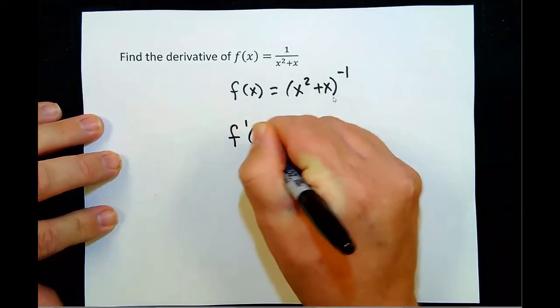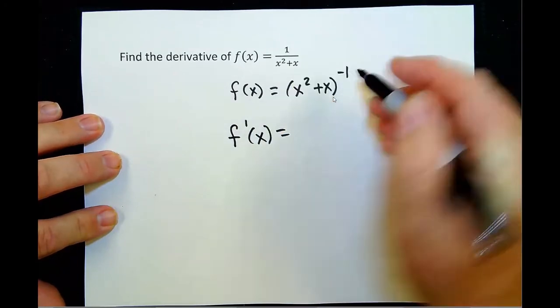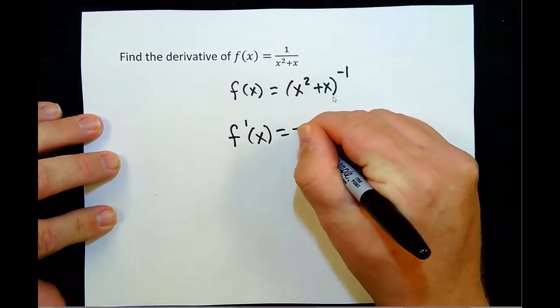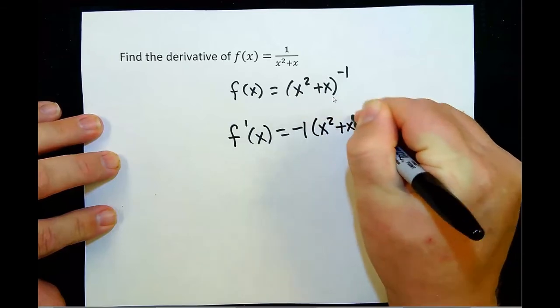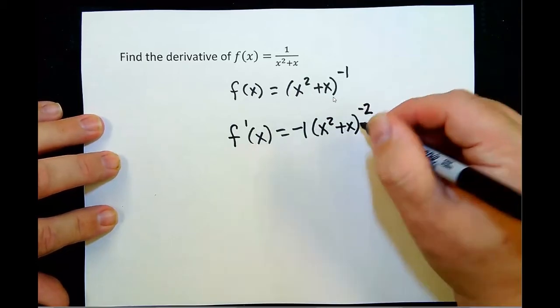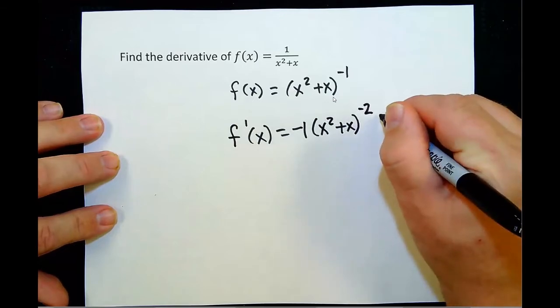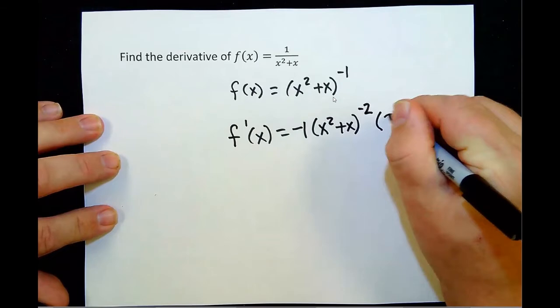So to find the derivative, I find the derivative of the outside function, which is this negative 1 power. So I bring the negative 1 down, don't touch the inside, and subtract 1 from the power, times the derivative of the inside. All right, so the derivative of x squared is 2x.